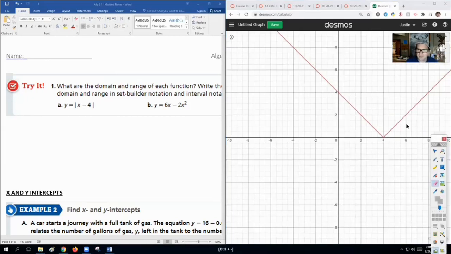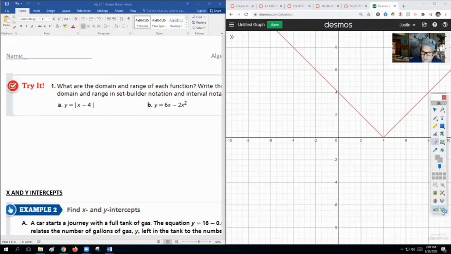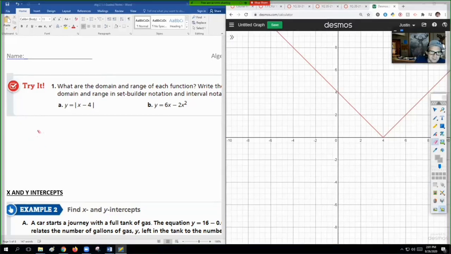So domain, I would say, is the exact same thing as the other one. So I'm just going to put DNR here. So the domain, negative infinity to positive infinity. It goes all the way to the left, it goes all the way to the right.